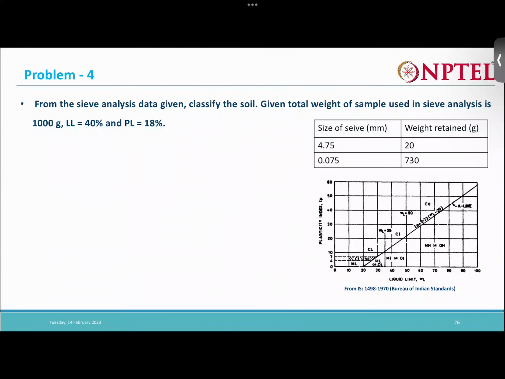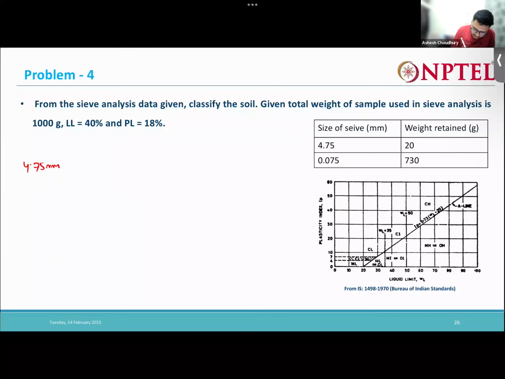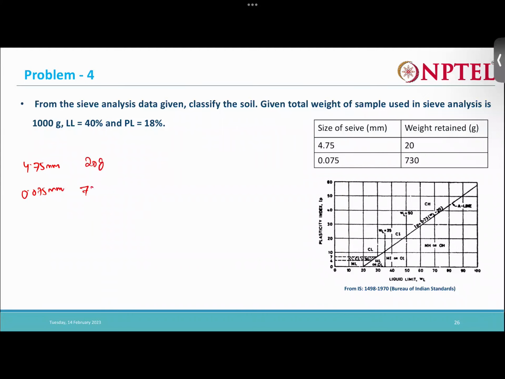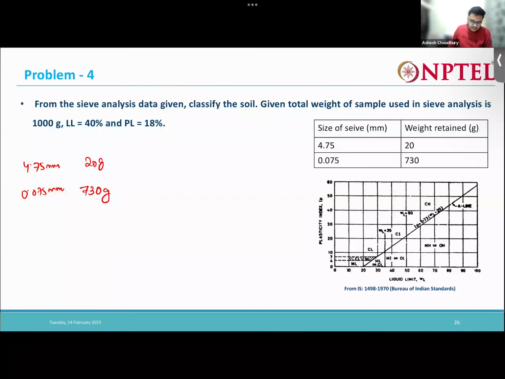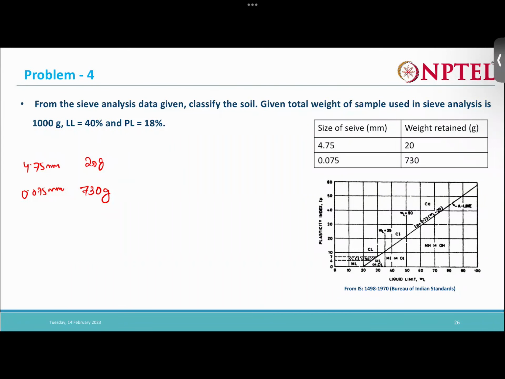So please tell me. This is the sieve size 0.4 mm. What is the weight retained? 20 gram. 730 gram. What is the percentage weight retained? 20 divided by 1000 into 100%, 2%.